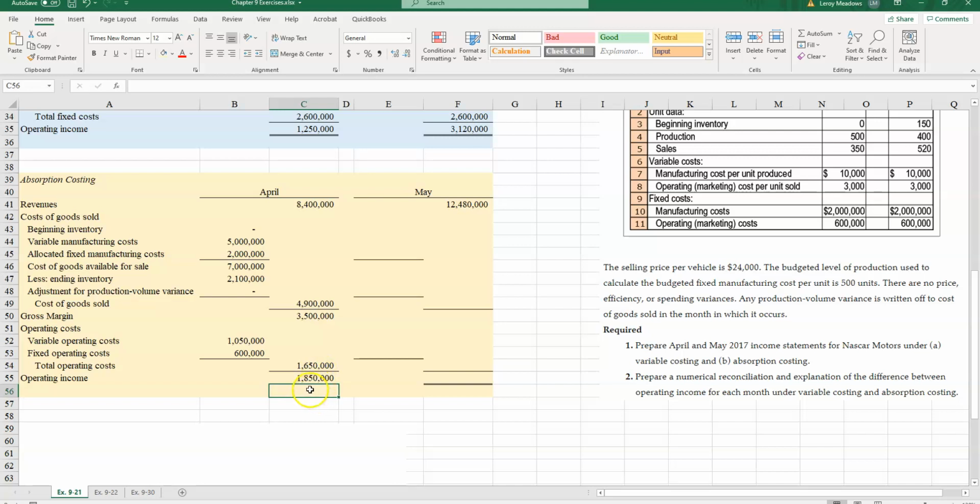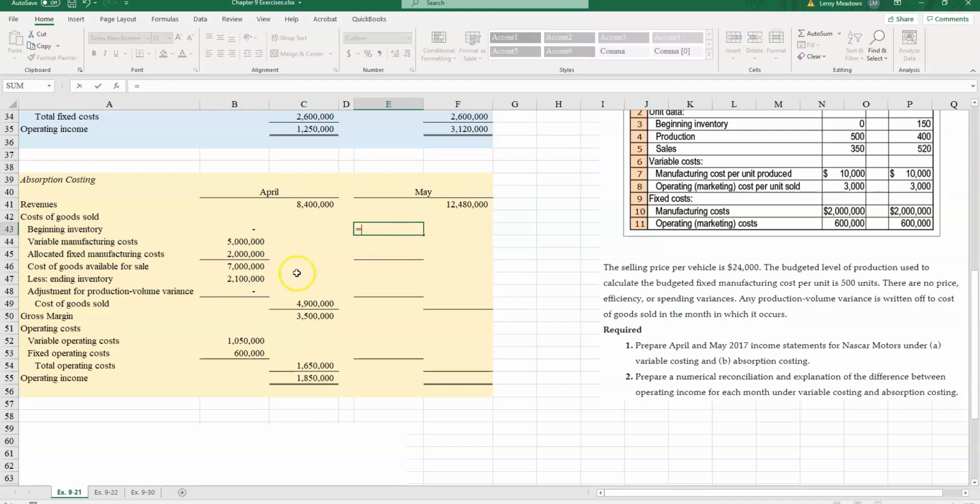Now, let's go back to May and figure out the detailed information for May. Remember that my ending inventory here is my beginning inventory for the next month, so I can just reference that cell to give me my beginning inventory.